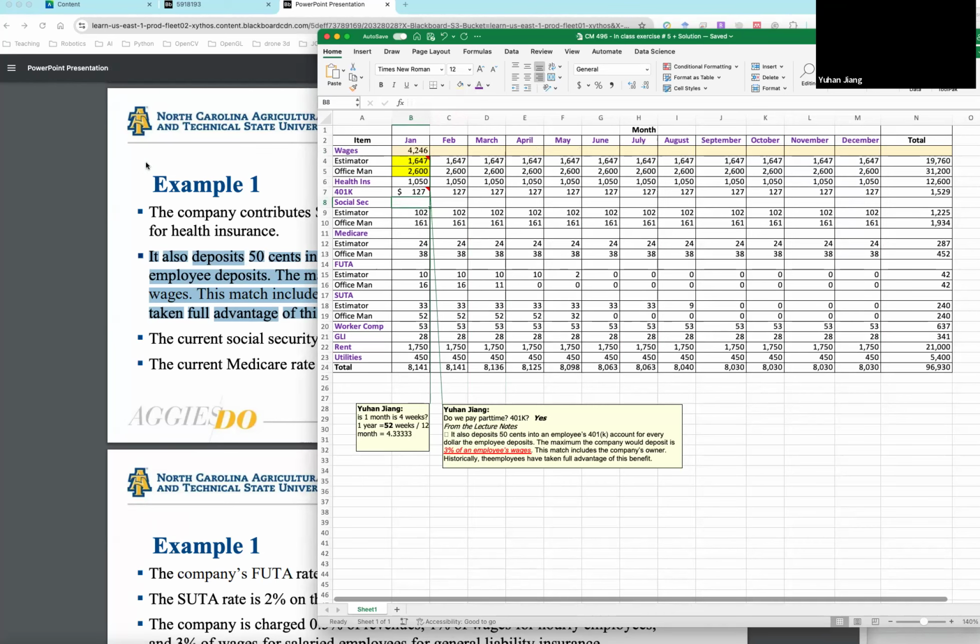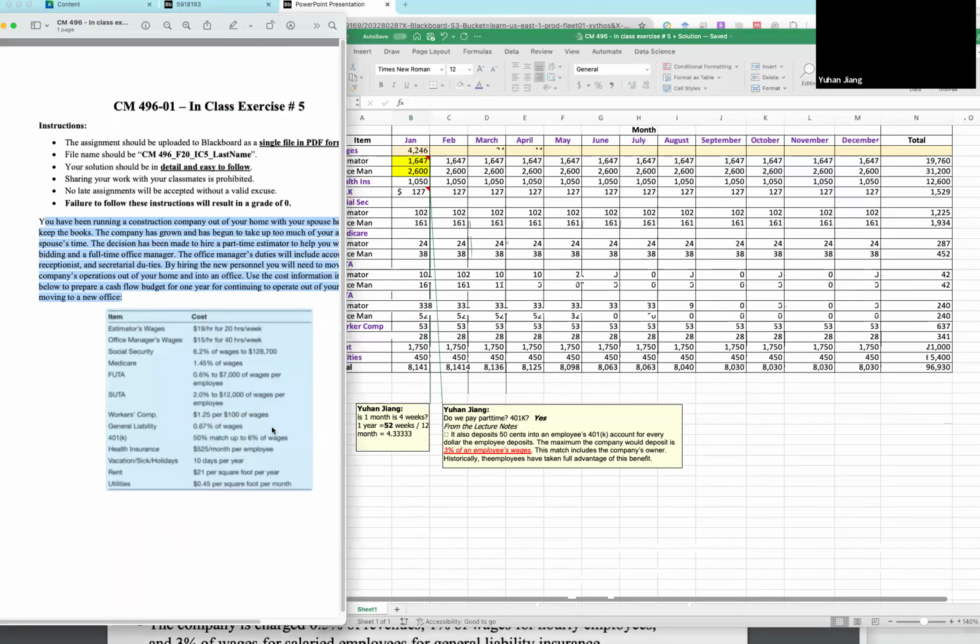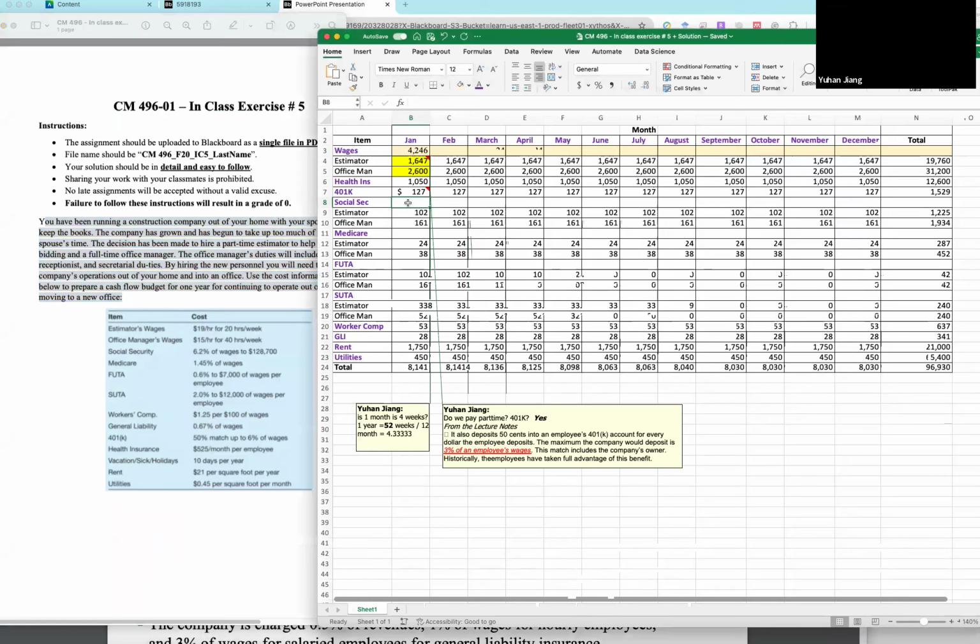Social Security, let's go back to here. Social Security will be 6.2 percent of wage. So Social Security depends on the individual.